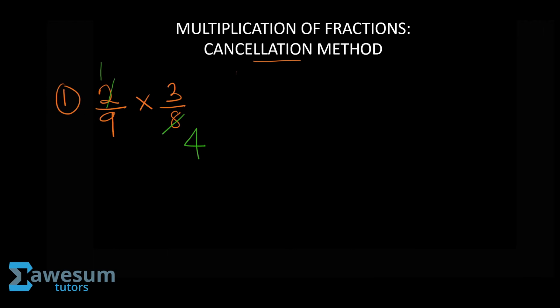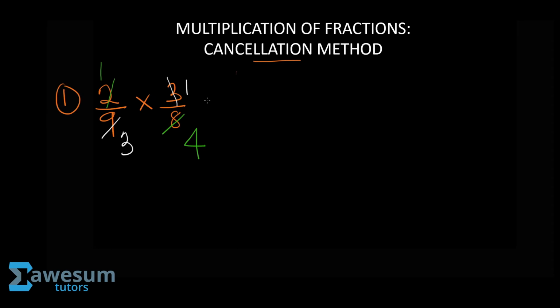Okay? If you also take note, 3 and 9, 3 can divide 3, 3 can also divide 9. So that means 3 is a common factor right there. So I will say 3 in 3 is 1, 3 in 9 is 3.